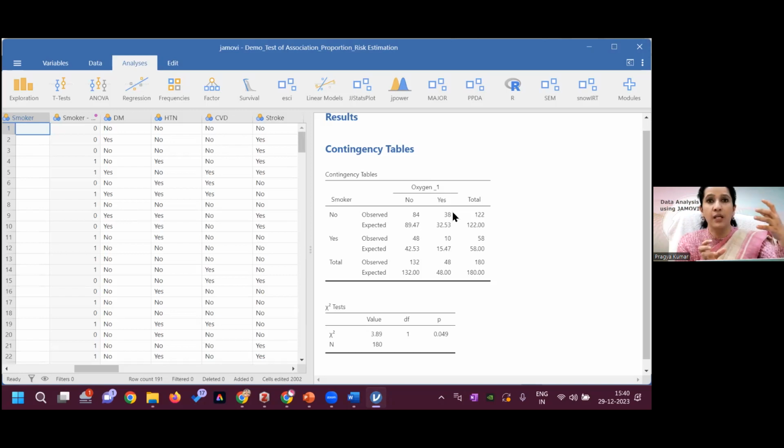There is association between observed and expected. You will get a higher chi-square value, and you will get a p-value less than 0.05.